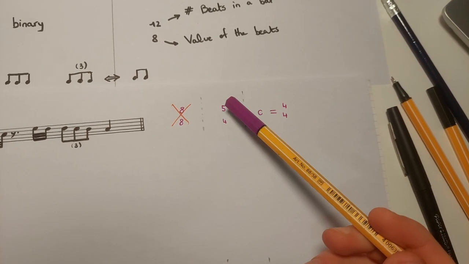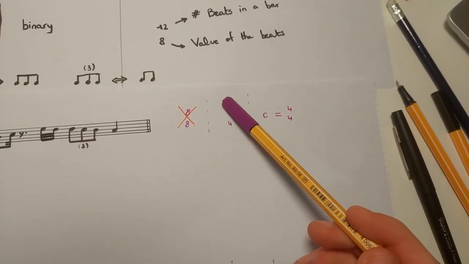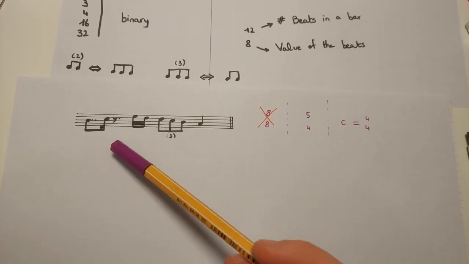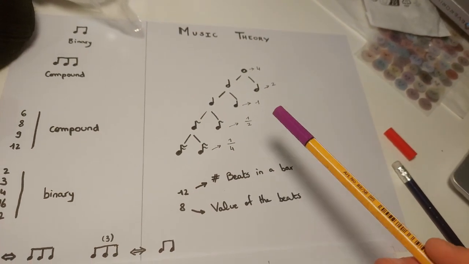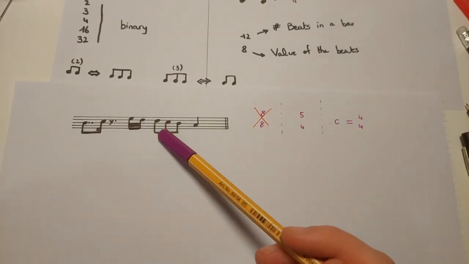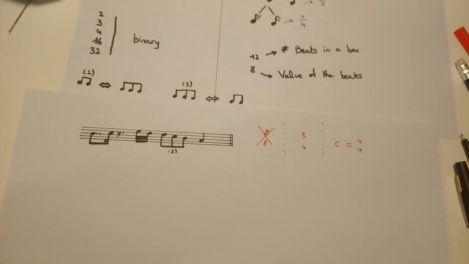So the upper number is related to the numbers that are linked to the notes. So here 2, 1, 1/2, 1/4, etc. So we will need to count how many notes there are, and we will find out the number.